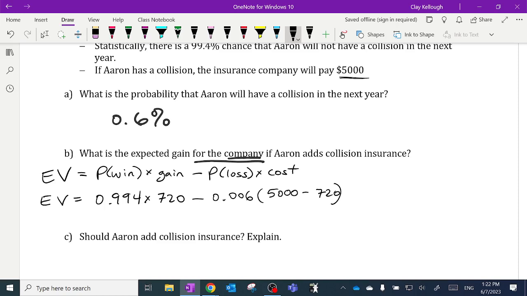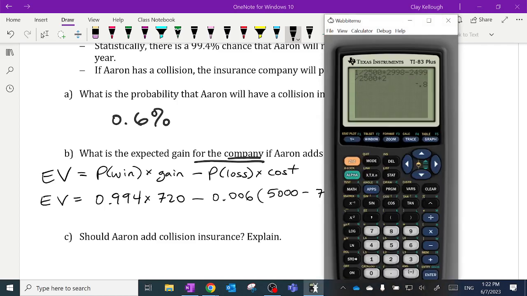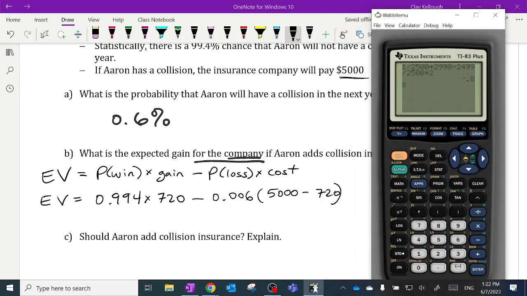And at this point, I like punching buttons. I don't need to know this number separately from that number. As far as I'm concerned, it's a scientific calculator. If it's working, it should just do this math in one fell swoop. 0.994.